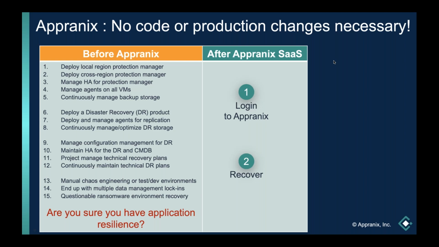Well, even if you install the backup and recovery system in one particular region of the cloud, what if that region itself goes down? What if that entire cloud account is taken over by a ransomware attack? Guess what? You cannot even get to your own backup and recovery system.